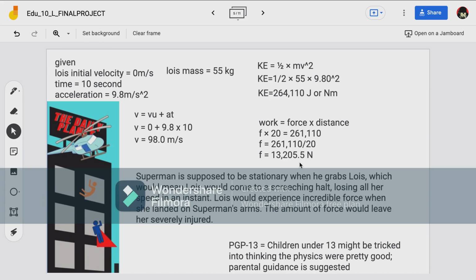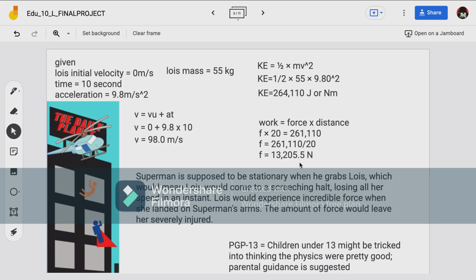And my conclusion is Superman is supposed to be stationary when he grabbed Lois, which means Lois would come to a screeching halt, losing all her speed in an instant. Lois would have experienced incredible force when she landed on Superman's arm, and the amount of force would leave her severely injured.